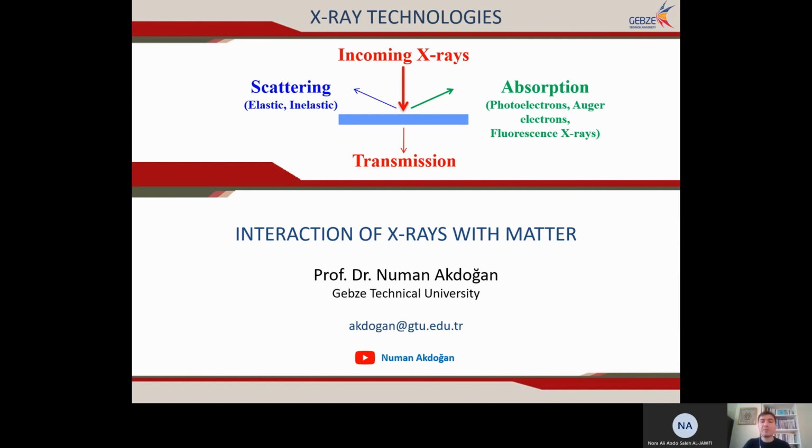So for all these types of applications, you have to know the information on the interaction of X-rays with matter. You have to know the scattering mechanisms, the absorption mechanisms, and also the transmission. Do you have any question?